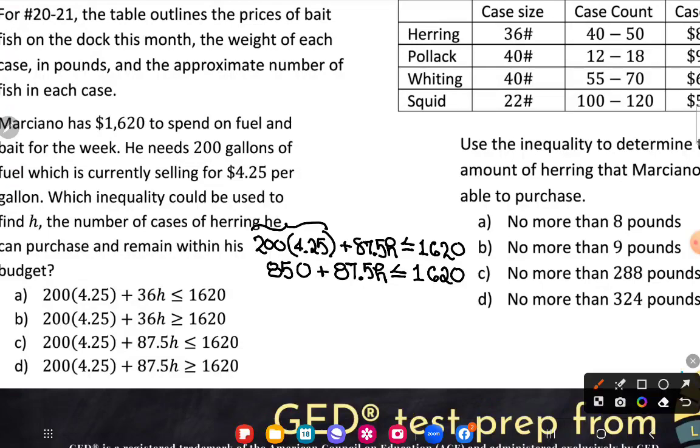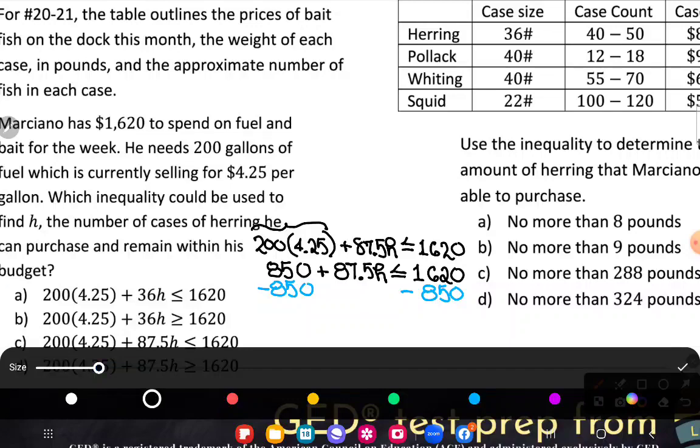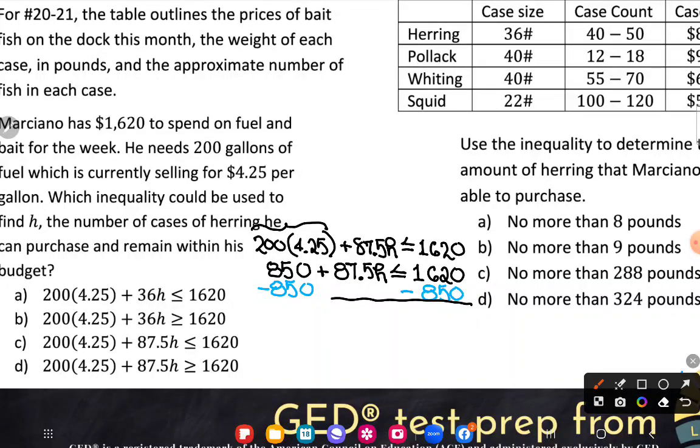All right, now I can't simplify on the left anymore. It's time to start solving. In order to do that, I need to get H alone. So let's take away the cost of the gas from our expression on the left, but also from the money that he has to work with, our $1,620. So if I have $850 and I subtract it away, I have nothing left.